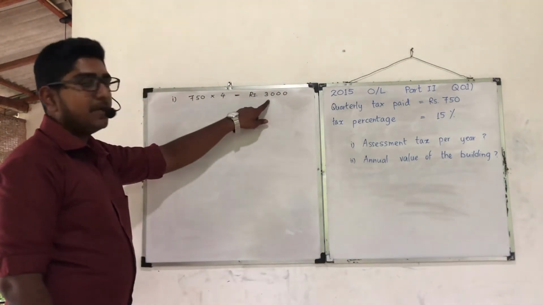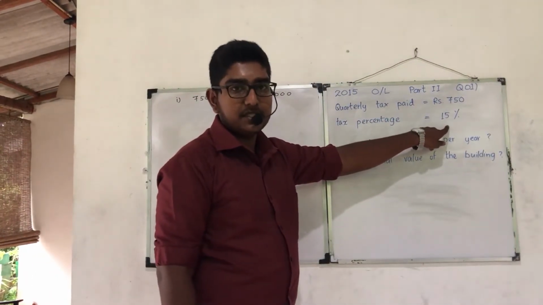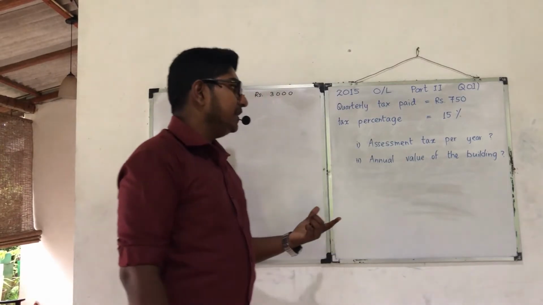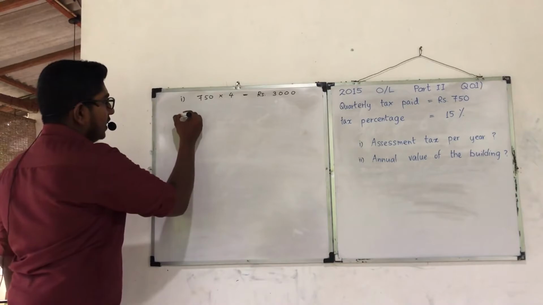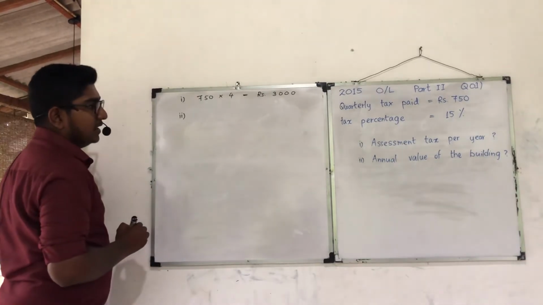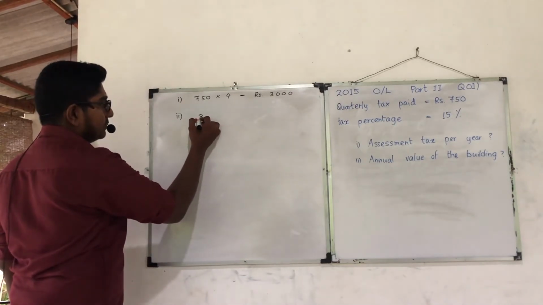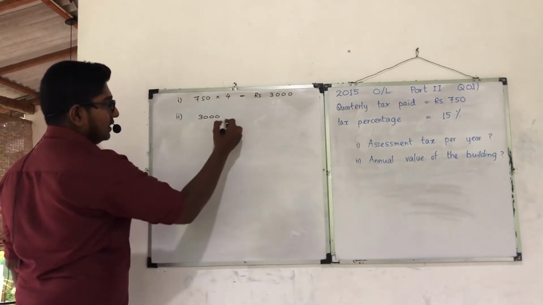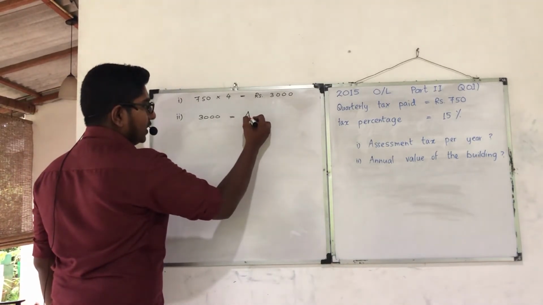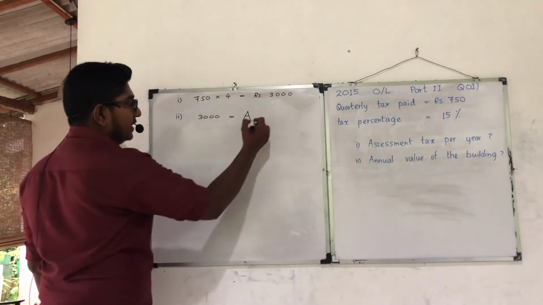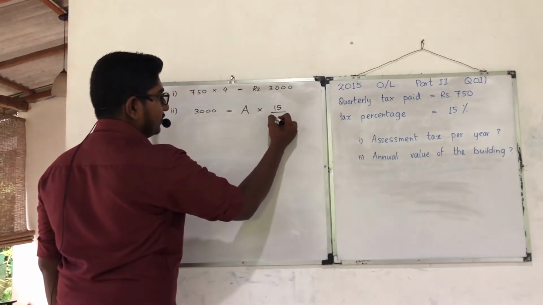In the second part, we have to calculate the annual value of the building. So our tax amount is 3,000. Tax percentage is 15%. Now we have to calculate the assessed value of the building. According to our tax equation, first we have to substitute tax. Tax amount is 3,000. That is equivalent to annual value or assessed value of the building, A, into tax percentage.